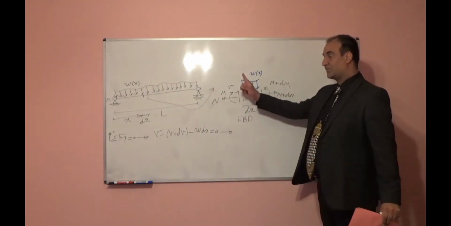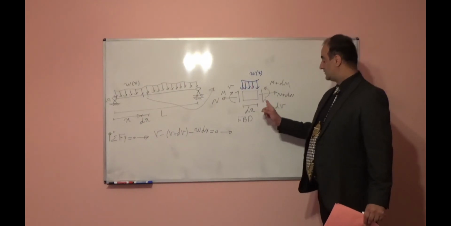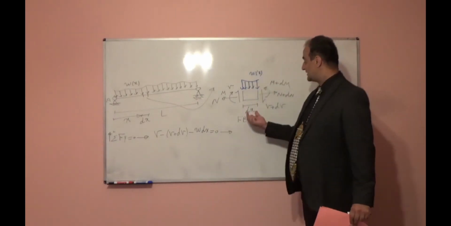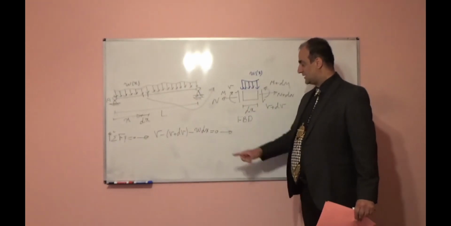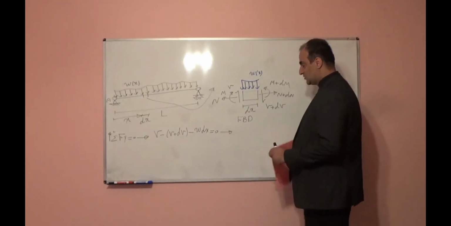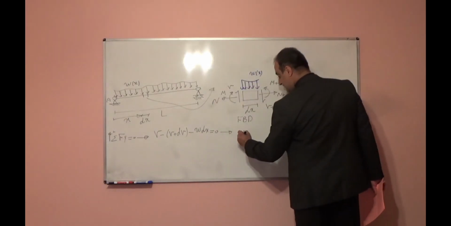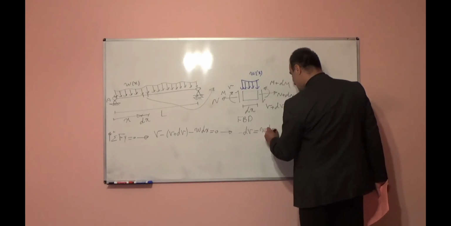V is upward, positive; v plus dv is downward, for that reason it is negative; minus w(x) times dx is the resultant force for this small element. From here v and v cancel each other, so minus dv will be equal to w dx.